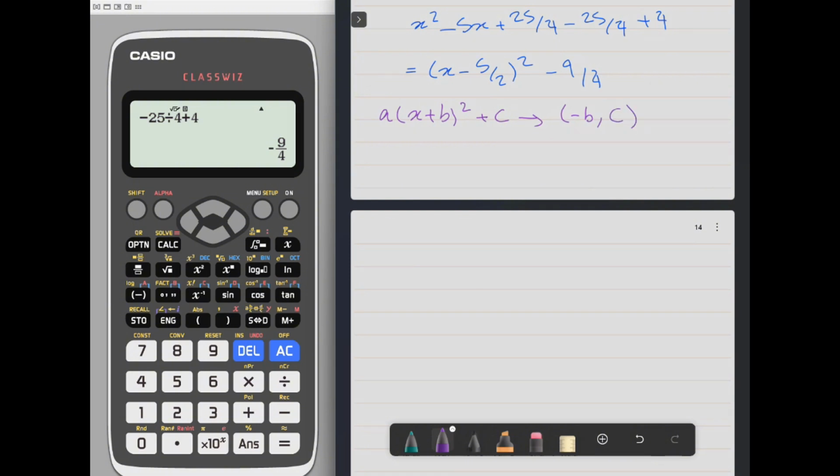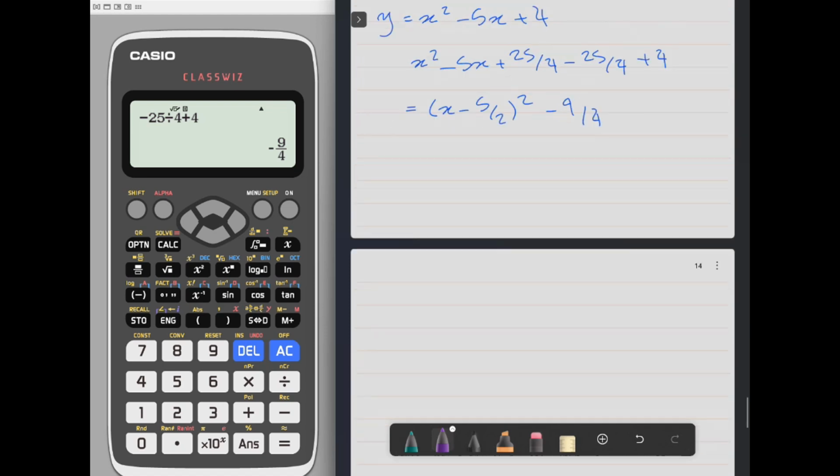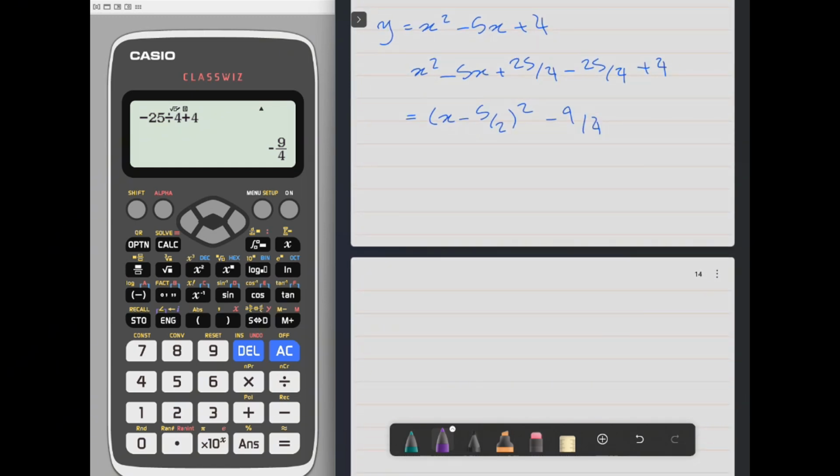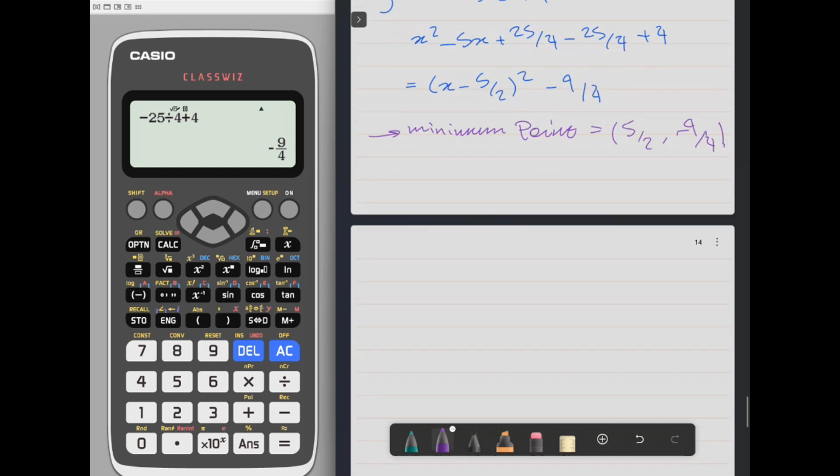Okay, your turning point will be (minus b, c). So for this quadratic, my minimum point will be minus minus 5 over 2, which is 5 over 2, and minus 9 over 4. And this is my minimum point.